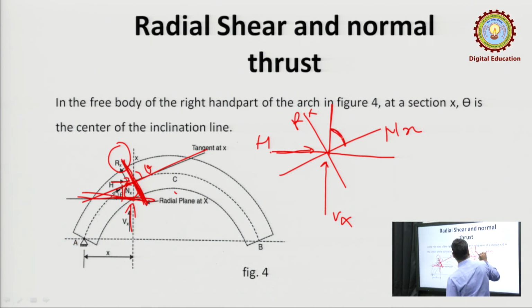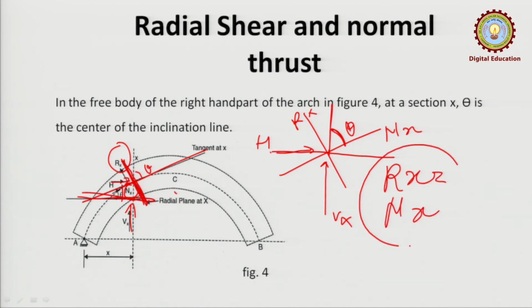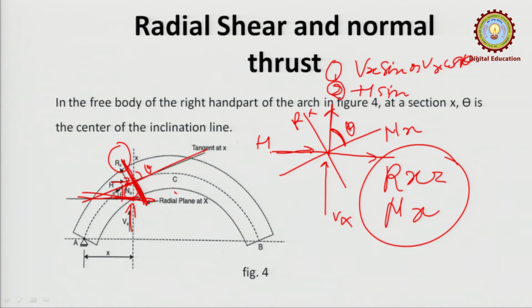On resolving, you will get Rx and Nx, because this is horizontal and this is vertical. On resolution of Vx you get Vx sin theta and Vx cos theta. On resolving H you get minus H sin theta and H cos theta.